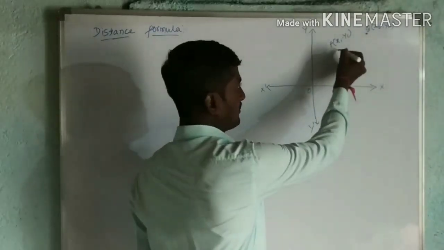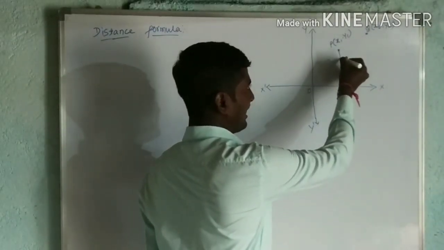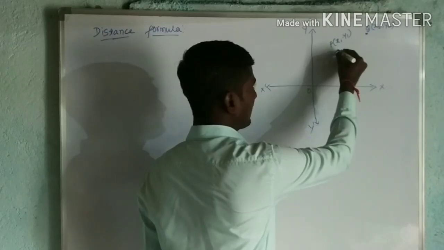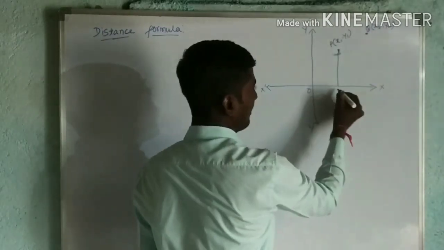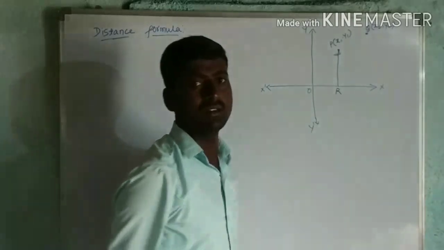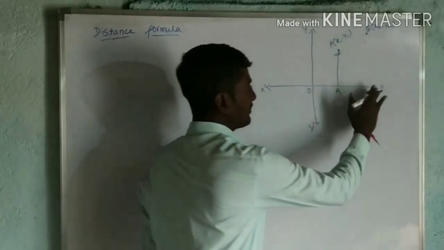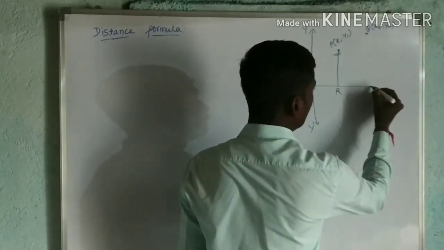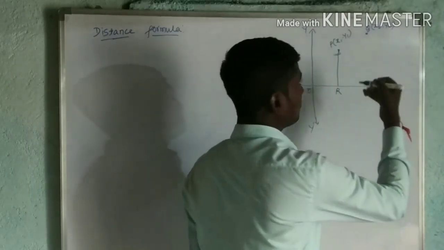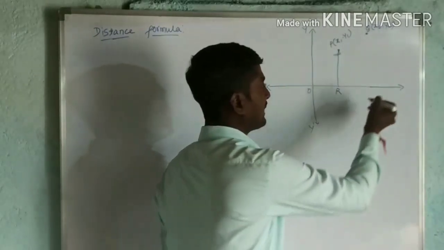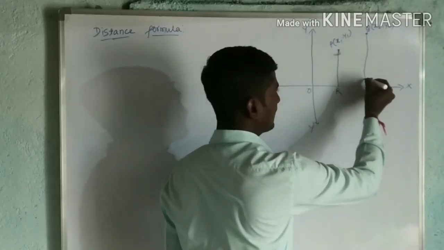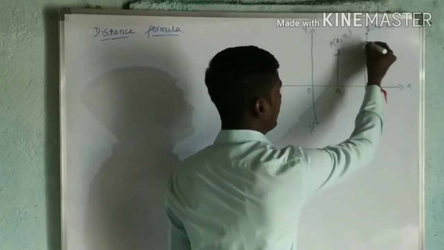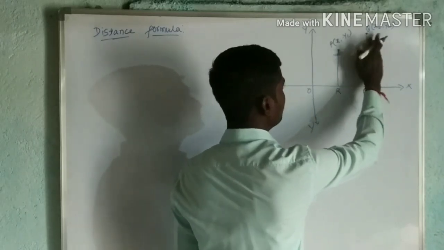Now from this point P, I will draw a perpendicular line to the x-axis, meeting at R. Now again from the point Q, draw a perpendicular to the x-axis.